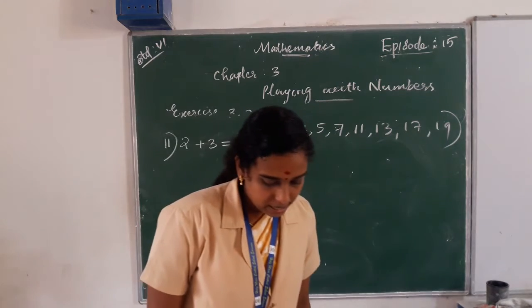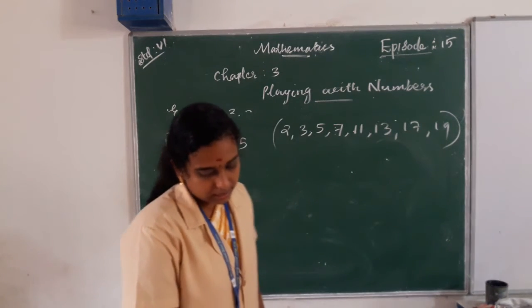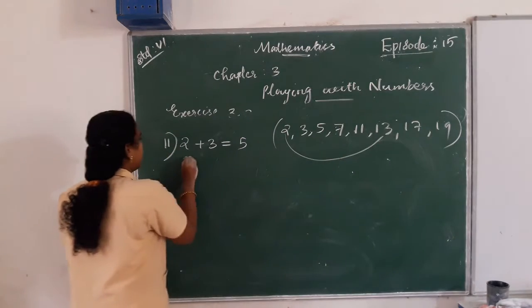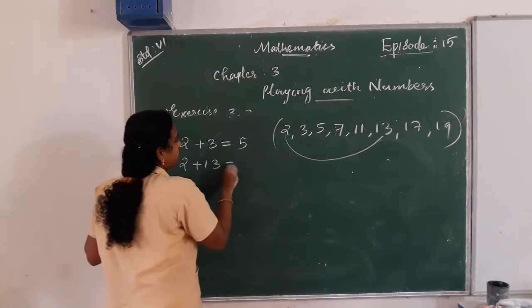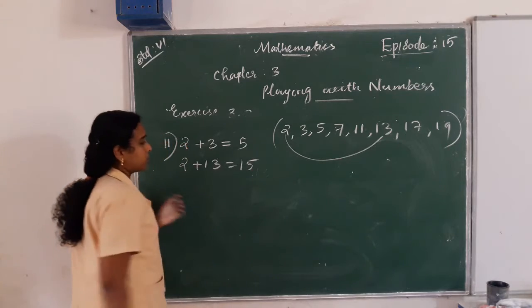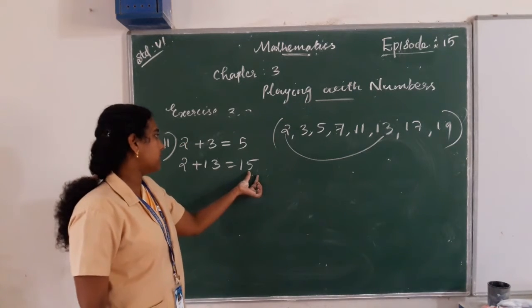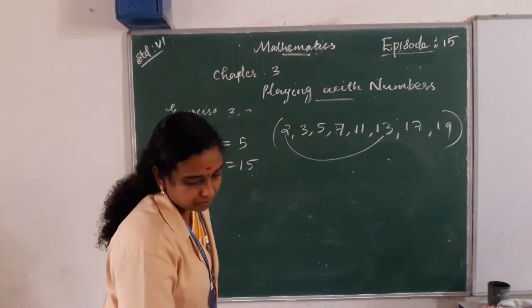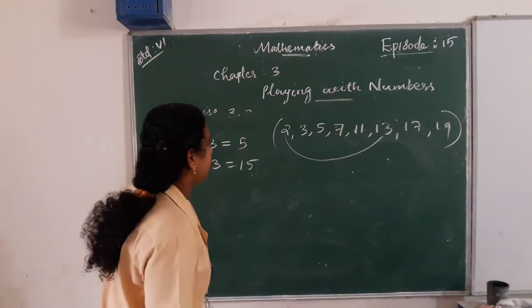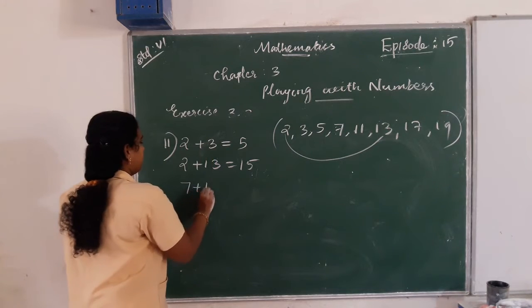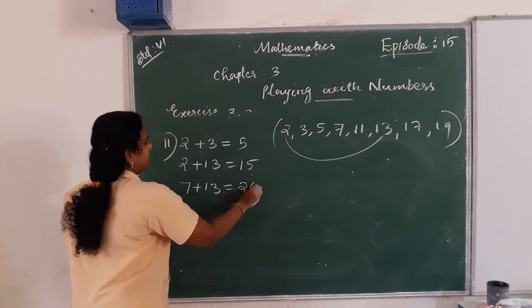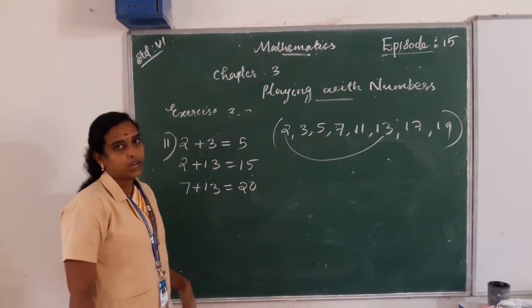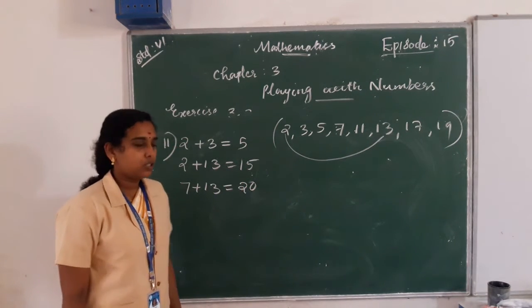The next pair is 2 plus 13, we get 15. 15 is also divisible by 5, that is 3 fives are 15. And the next pair is 7 plus 13. We get 20. 20 is also divisible by 5, that is 4 fives are 20.